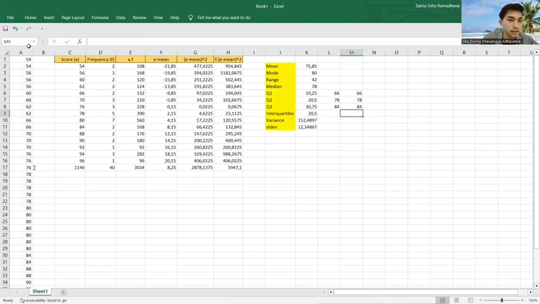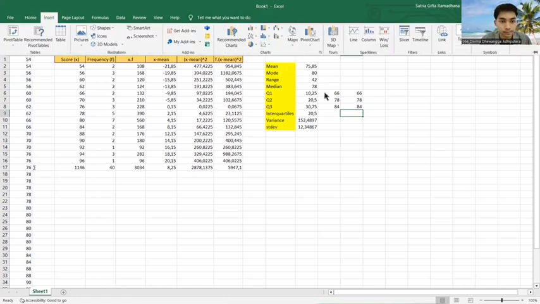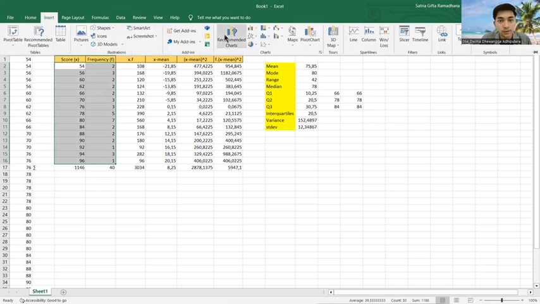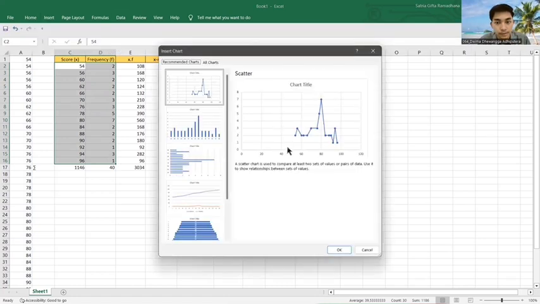So the last thing is insert the polygon. To do this, we have to block the score and the frequency like this, and then insert recommended charts and enter.